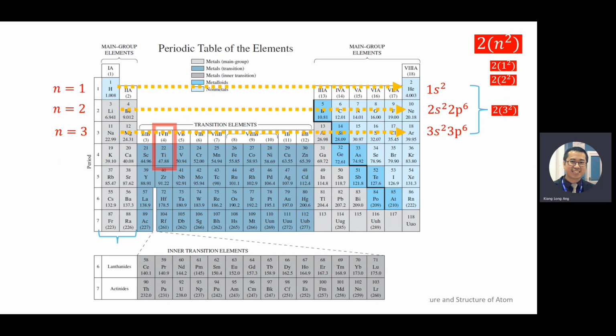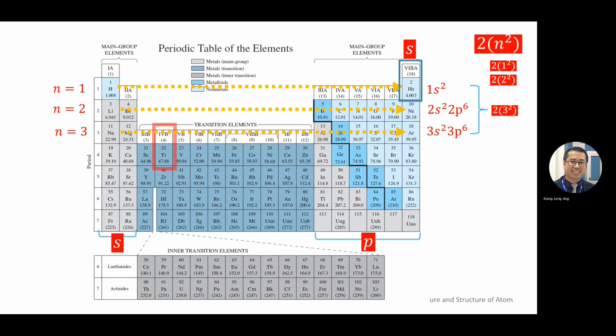Then you continue to count number 4: 1, 2, 3, 4. So this is the S orbital and this is the P orbital. Very easy to see, right? Those who don't come to class may be confused. If you come to class, you know already. Based on the periodic table, you can straight away write the electronic configuration by looking at the left-hand side or right-hand side.